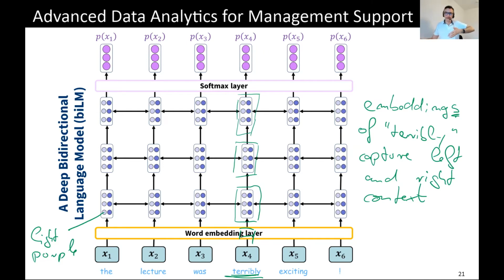That's how Word2Vec works. With ELMo, it's different. We feed our target text through the deep bidirectional language model and calculate the embeddings. We calculate them. We don't look them up. We calculate them on the fly, during the processing of our target text.